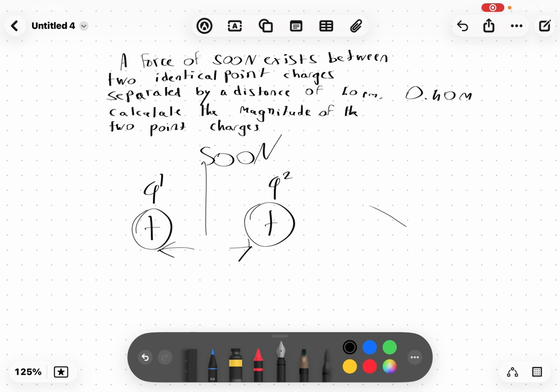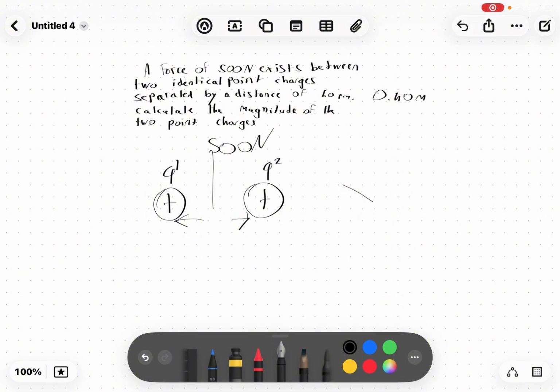And after that, how do we look for the Q? Again, rearranging. Force equals K Q. Usually I would write the numbers, but this time, because they're identical, they are the same number, so we can just write Q squared, because times something by exactly the same is the same as squaring. F equals K Q squared over R squared.